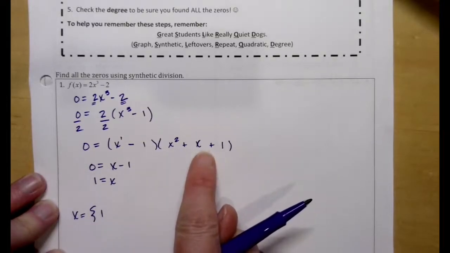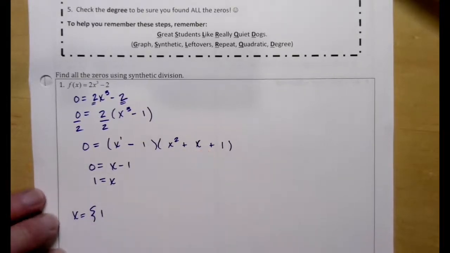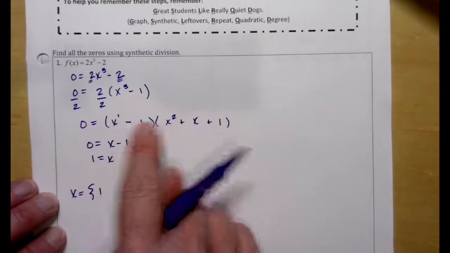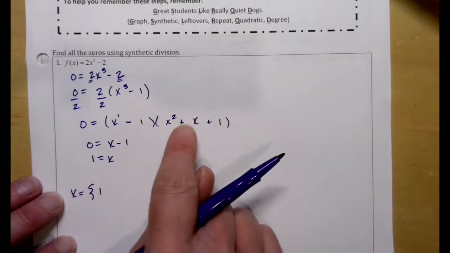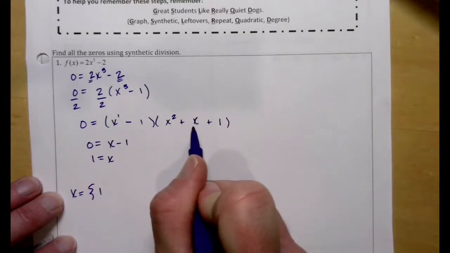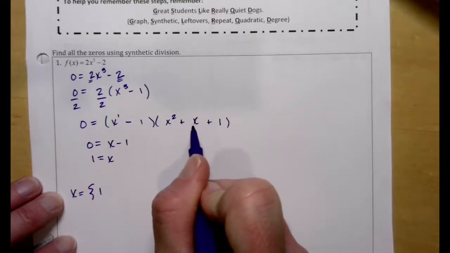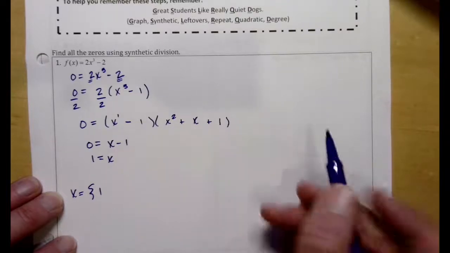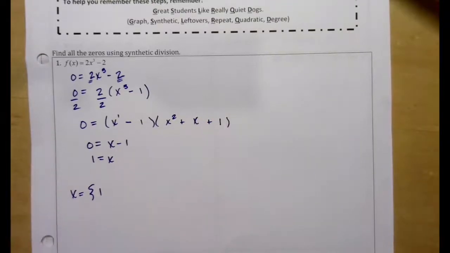Now when we look here, I know that this is prime because here's my binomial and trinomial piece. So my only way to get my zeros here is either to complete the square, which I don't want to do because taking half of b and squaring it leaves me with fractions, so I'll go ahead and use the quadratic formula.